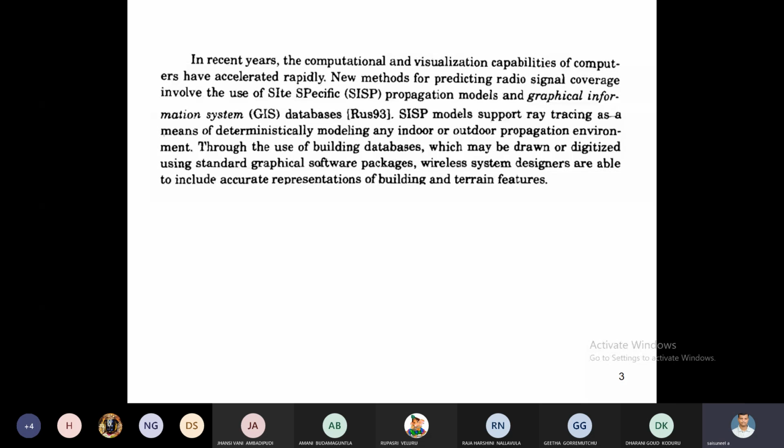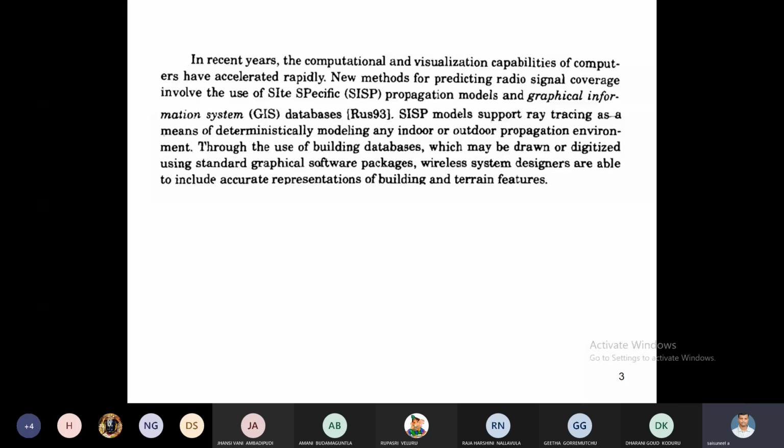The SISP, site specific propagation model, supports ray tracing, that is, which direction the ray will go in both indoor and outdoor environments.